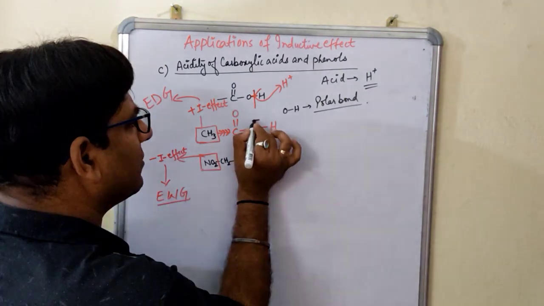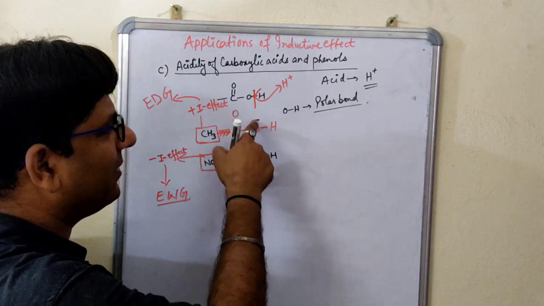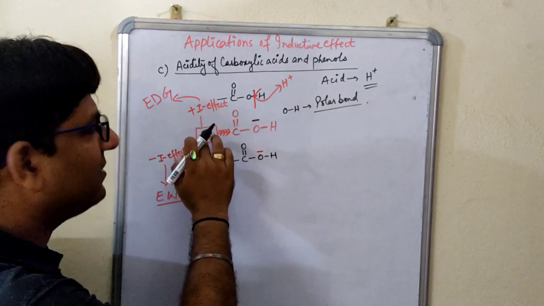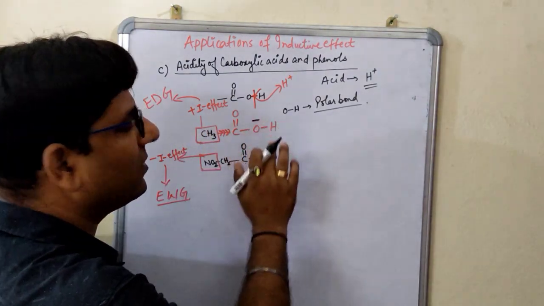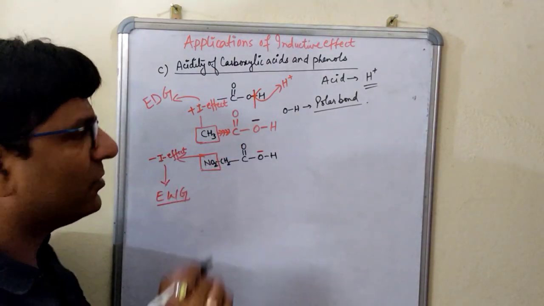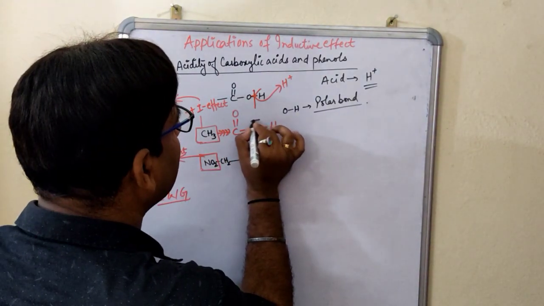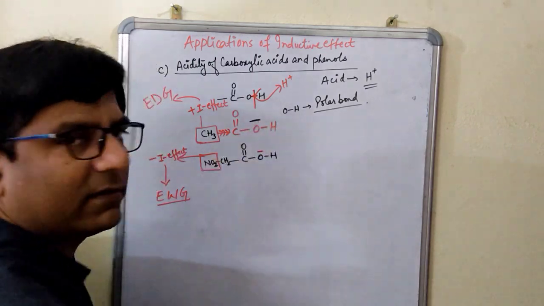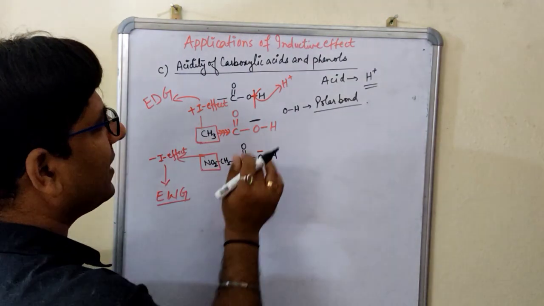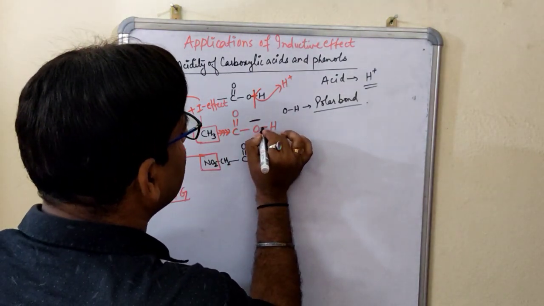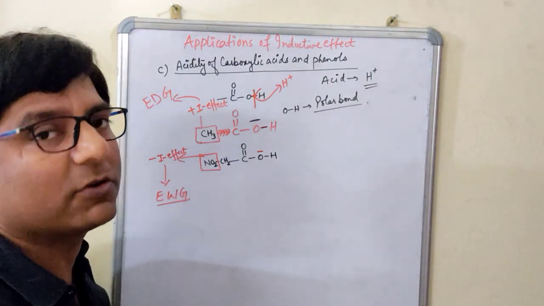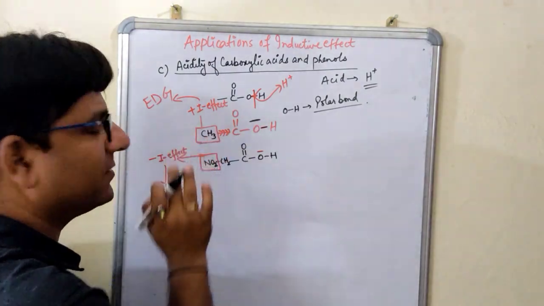Already it is electron rich. And still this plus I group is there, pumping the electrons, donating the electron to this carbon and then to this oxygen also. So what will happen? The magnitude of the negative charge will increase. And if the magnitude of this negative charge is increasing, this bond will become much stronger than what it was before without this methyl group.